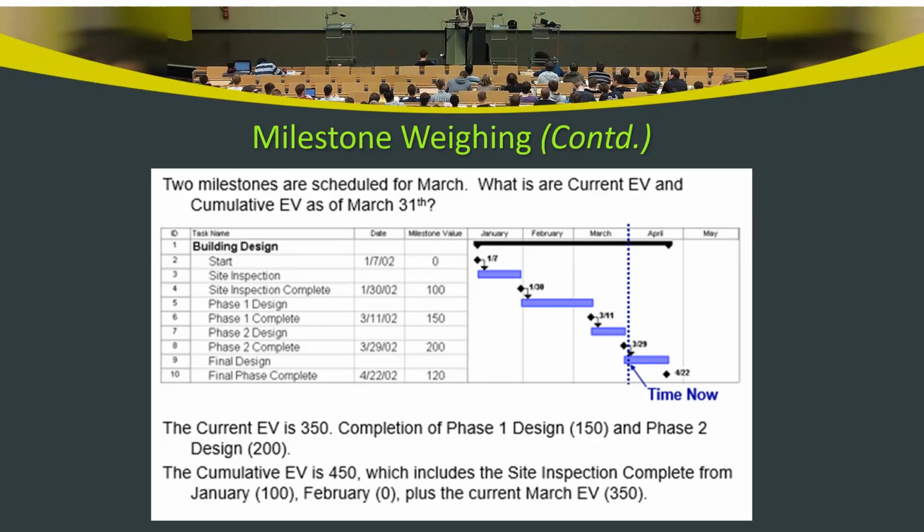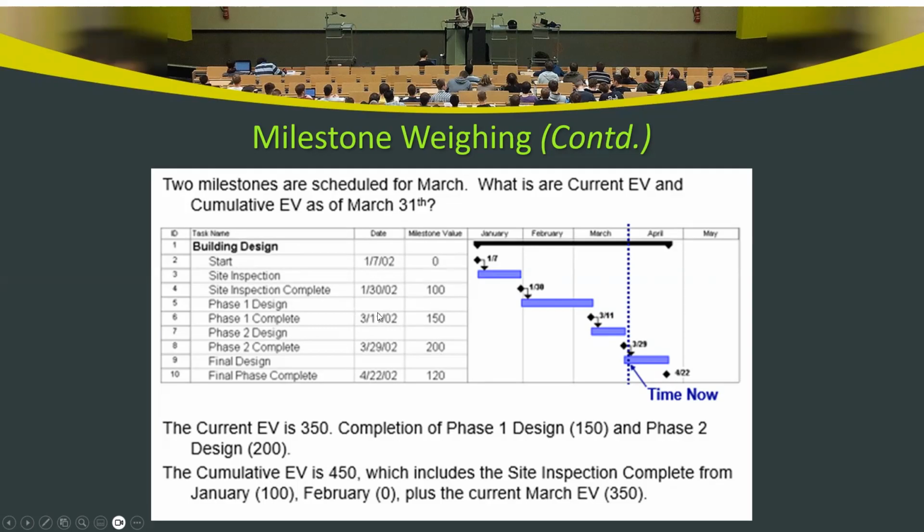Then we also have phase 2 completed, 200 right here. Oh, I'm sorry. The current value is 350 because current value is for the month of March.